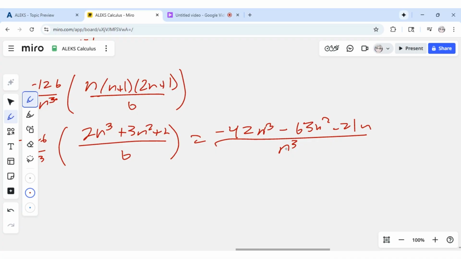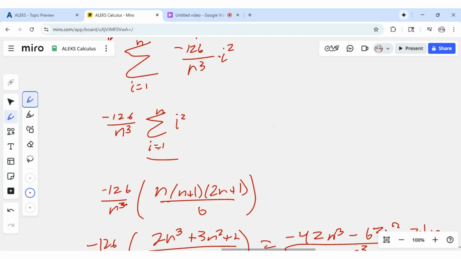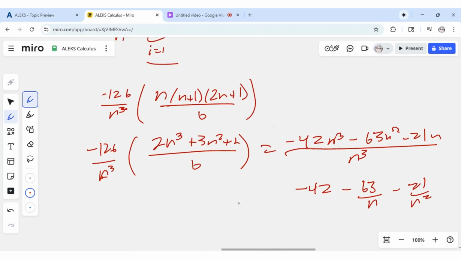So negative 42 n cubed over n cubed is just negative 42. Negative 63 n squared is, so minus 63 over n, canceling the n's there, and then minus 21 over n squared. So we wrote the sum in terms of n.